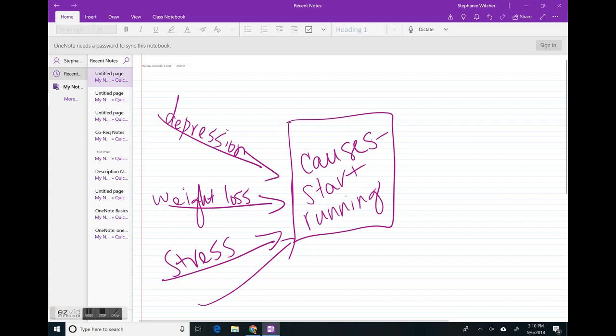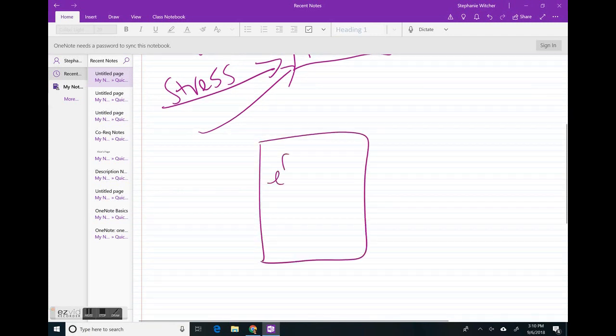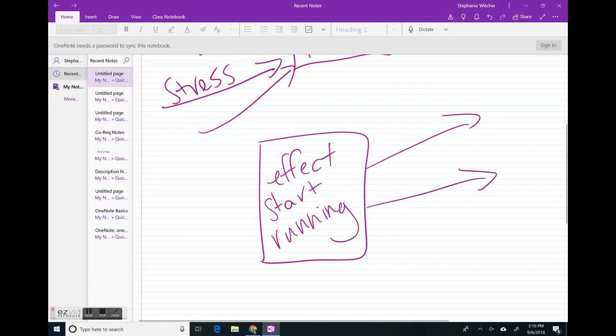However, on the other hand, if I want to do the effects on a person's life after they start running, it would look like this, because effects happen afterwards. Right, so then your brainstorming looks more like this.